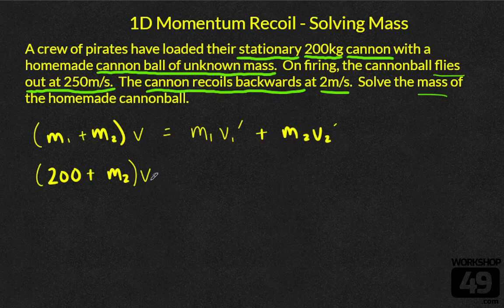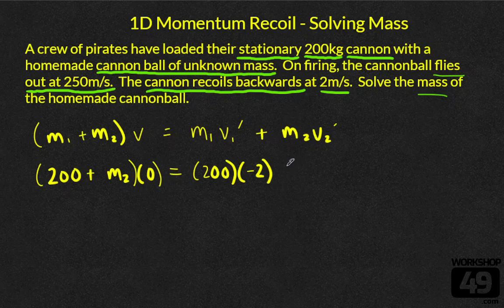V is the combined velocity in the beginning. However, we know what that is because it's stationary, so that initial velocity is just going to be 0. We can fill in the mass 1 of our cannon again. That's 200. It stays the same after the fact. But that V1 prime is the cannon recoiling backwards. It's lurching backwards, so it's going to be a negative 2 meters per second.